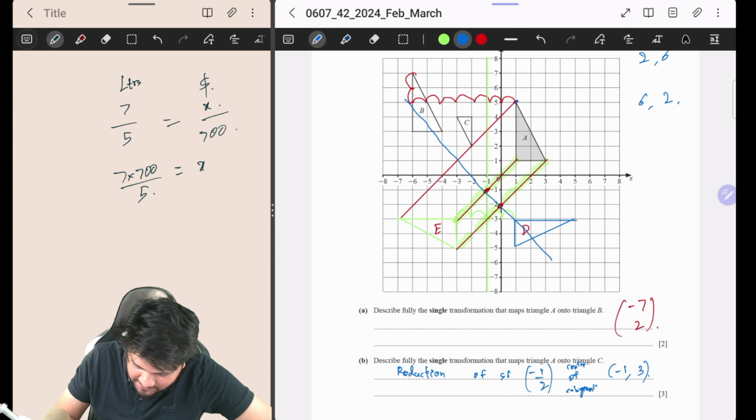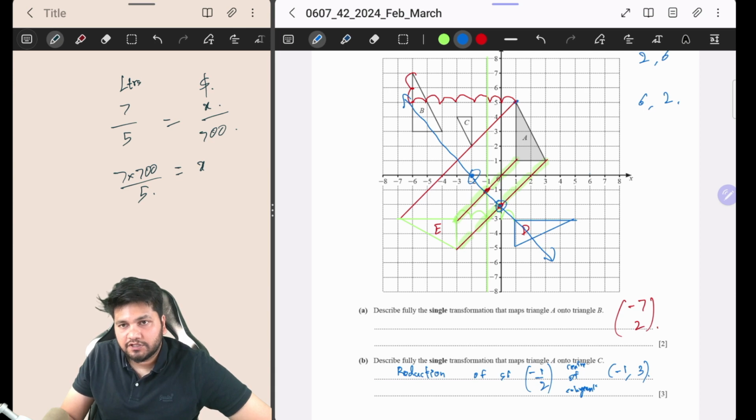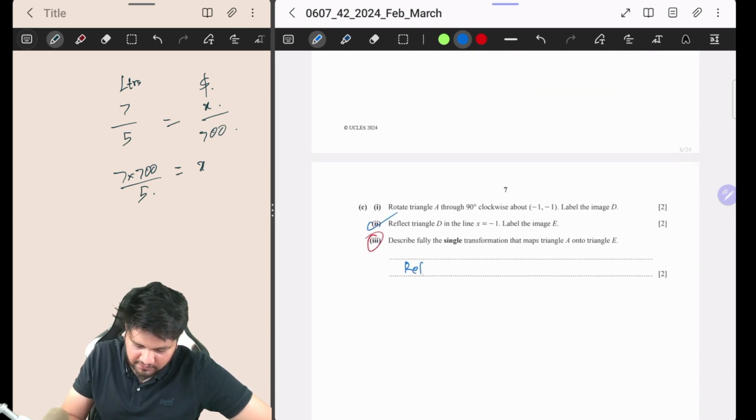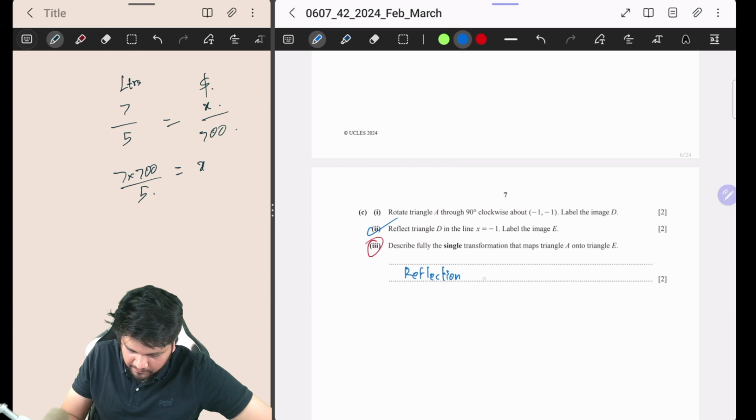Now as you can see, this line is passing through this and this coordinate, which is -2, 0 and 0, -2. So basically it's a reflection in the line passing through (0, -2) and (-2, 0).